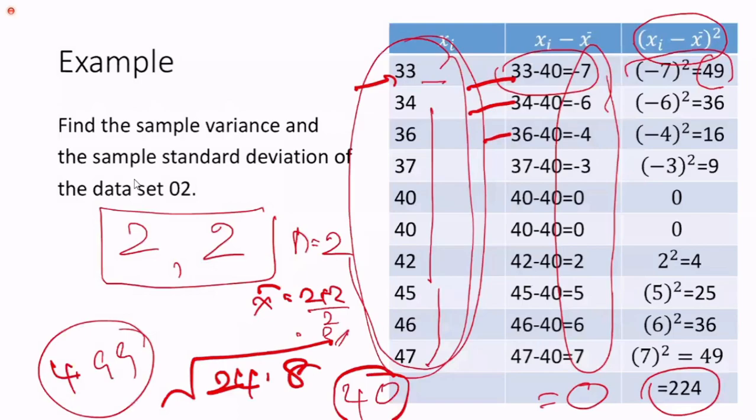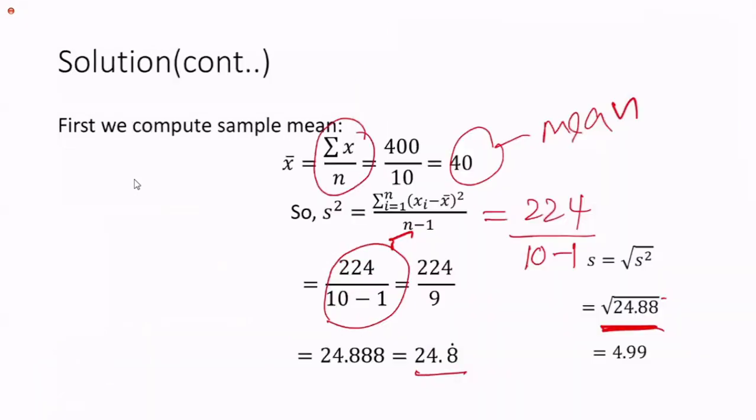For this data list also we can use the same formula. Finally, you should get the same answers, 24.8 and 4.99. Understand? Is that clear, guys?